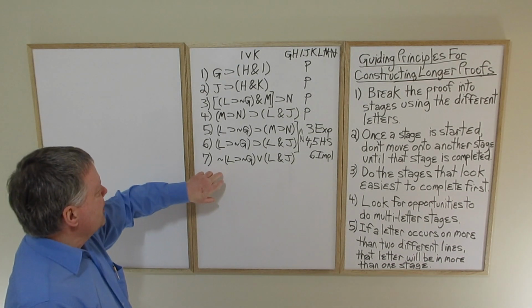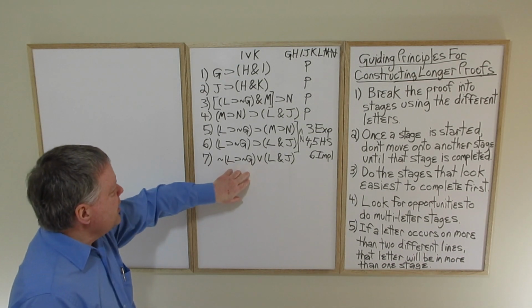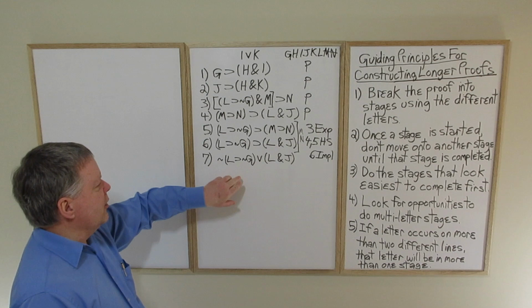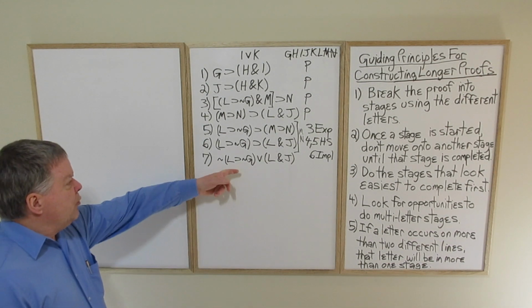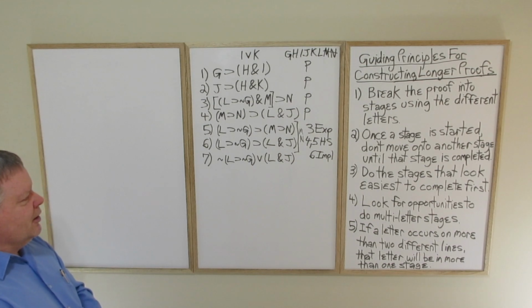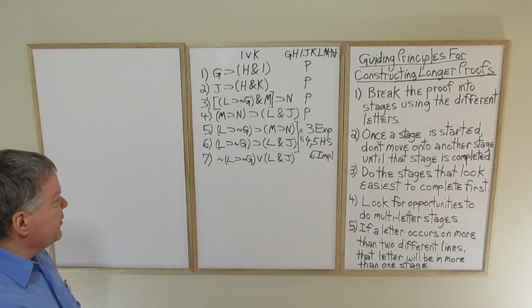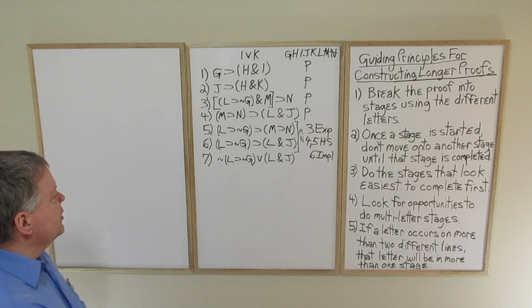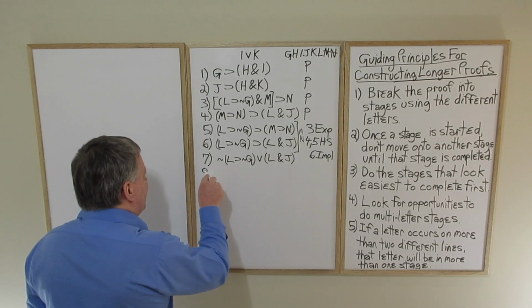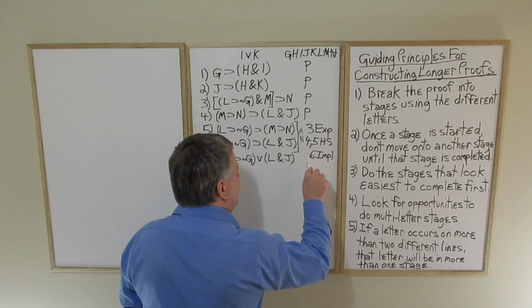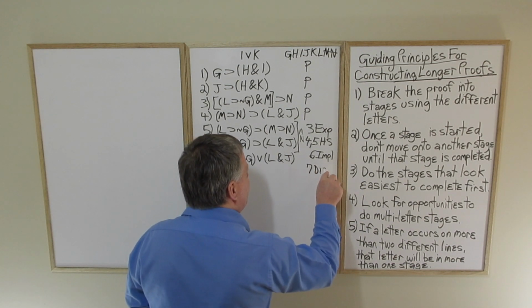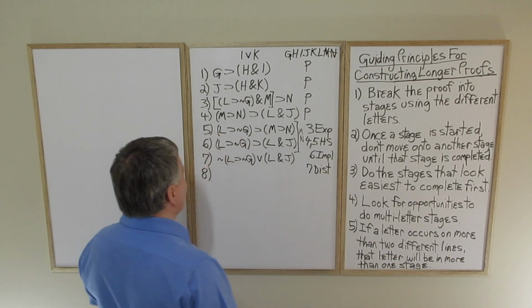We've now got line 7, P or Q and R. The fact that the sentence we're putting in the P slot is kind of an odd one, a negated conditional, doesn't stop us. So we do 7 distribution.